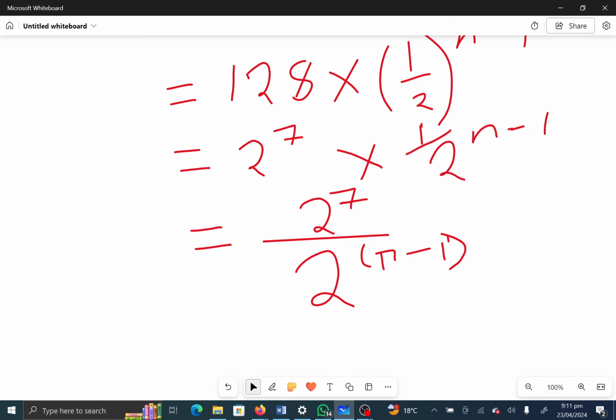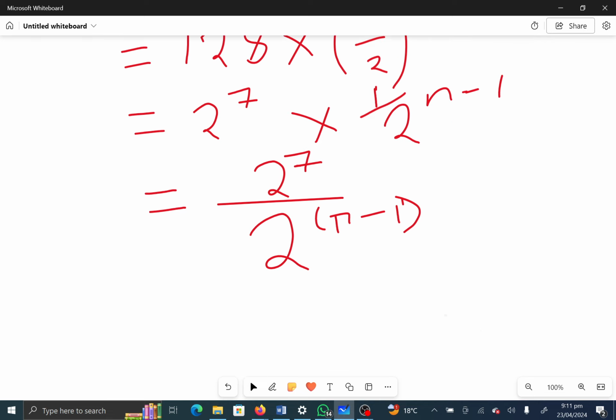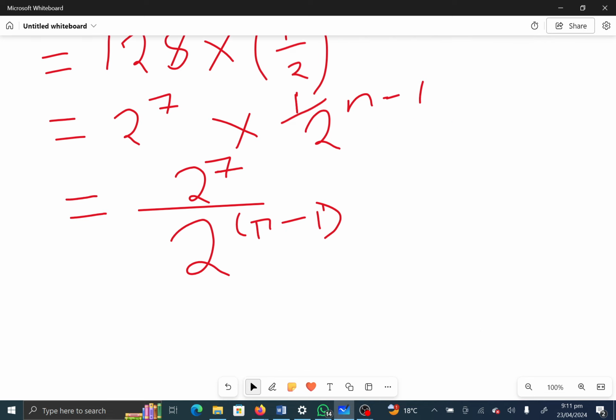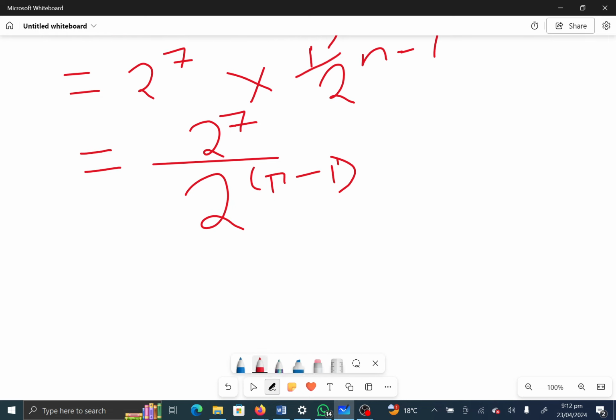So this is just some of the rules of indices. I know when we do much of this they will make sense, but since we're beginning they might look a little bit confusing, but they will make sense as we progress.